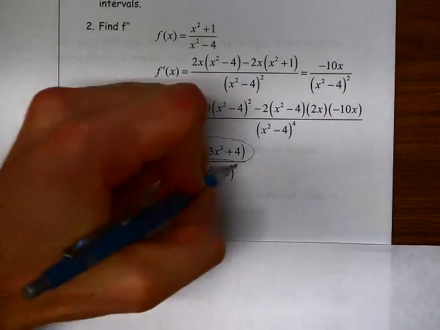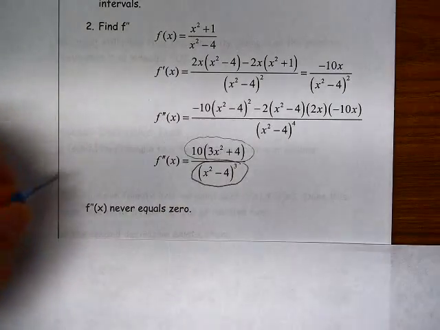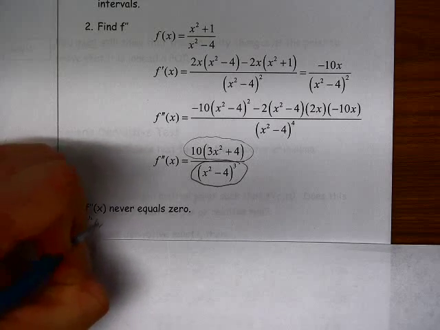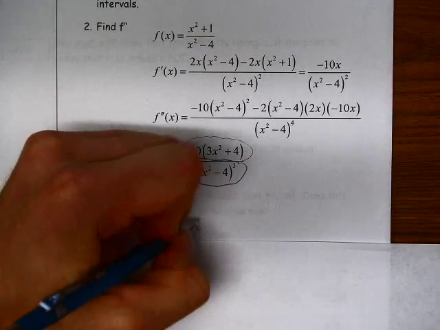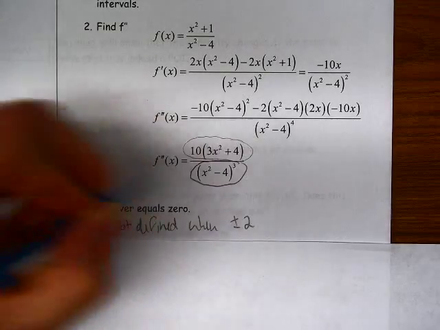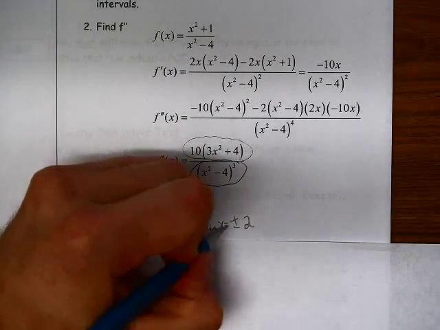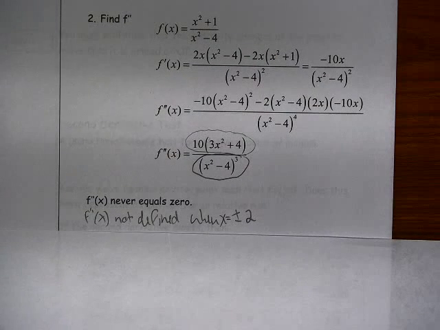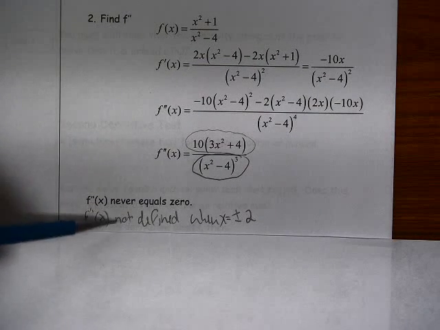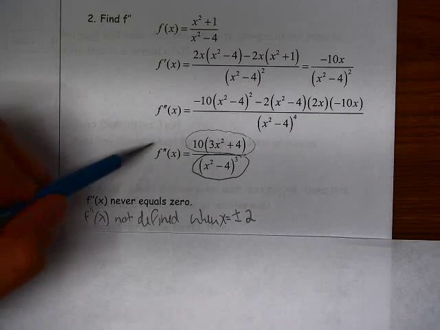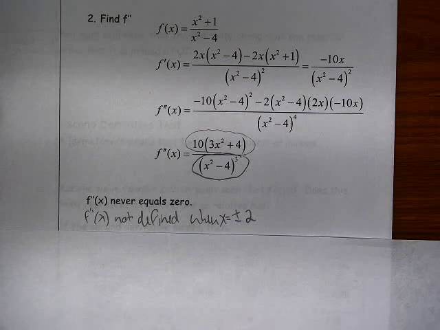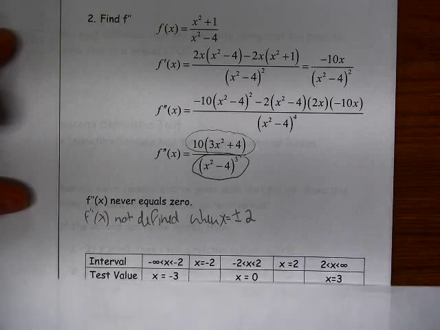But I can see that the second derivative is also not defined when x equals positive or negative 2. So that same set of discontinuities shows up again in the second derivative. So as long as I'm careful about really looking at the second derivative, all those discontinuities will show up there.